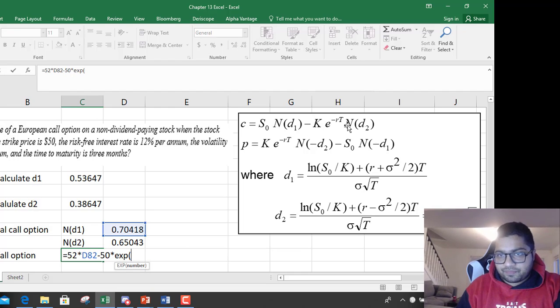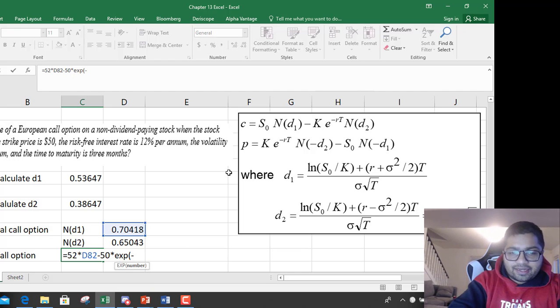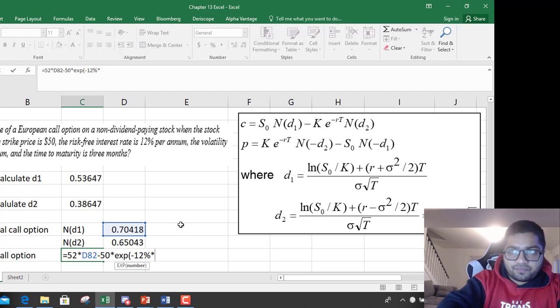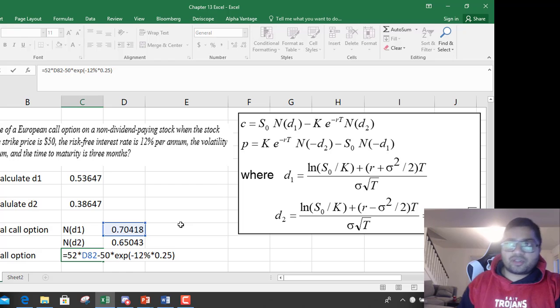So E is given, risk-free rate 12% times T is 0.25, and this whole multiplied by N(D2) 0.65.